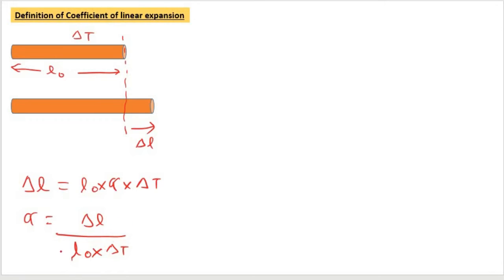I am assuming that this L0 is 1 meter. So the initial length of the rod before heating was 1 meter. Say it is a 1 meter rod of copper.